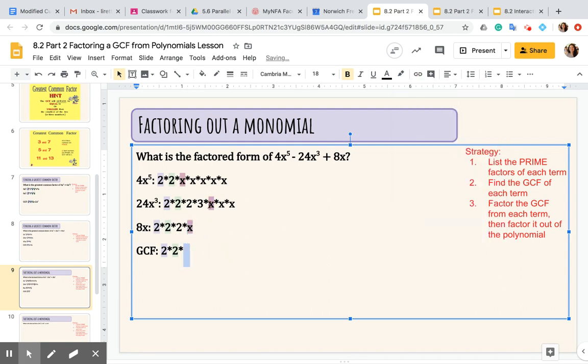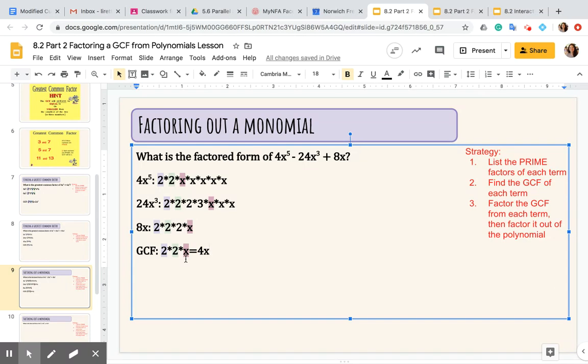Okay, so I have 1 here, 1 here, and 1 here. There are no more x's down here. So even though there's x's remaining in this second and this first one, it's not going to match up with anything in this third. So I can only take out this one singular x. So my GCF, when I multiply it all back together, is going to be 4x.